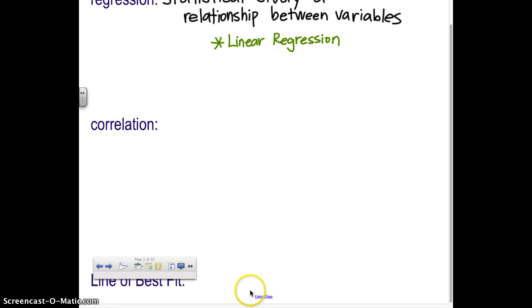Okay? When we talk about this relationship in terms of regression, we look specifically at correlation. Okay, what's the correlation between our two values? Correlation is the strength and the direction of this particular relationship.